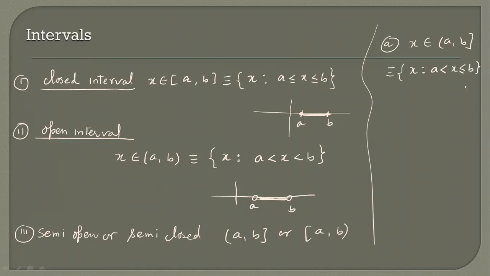It means in this case b is included but a is not. And in the second case, when X belongs to closed a comma b open, it is the collection of all X when a is less than or equal to X and X is less than b. So these are types of intervals.